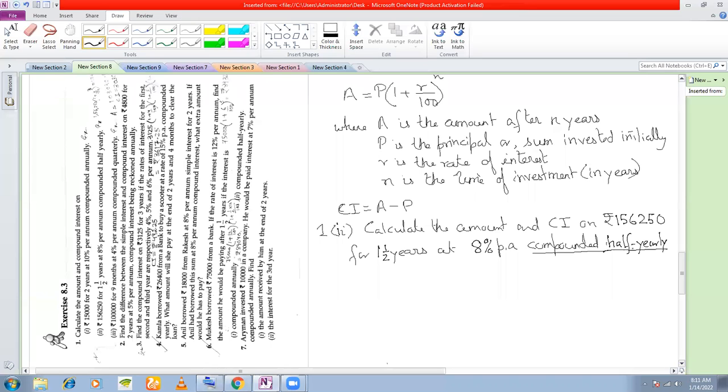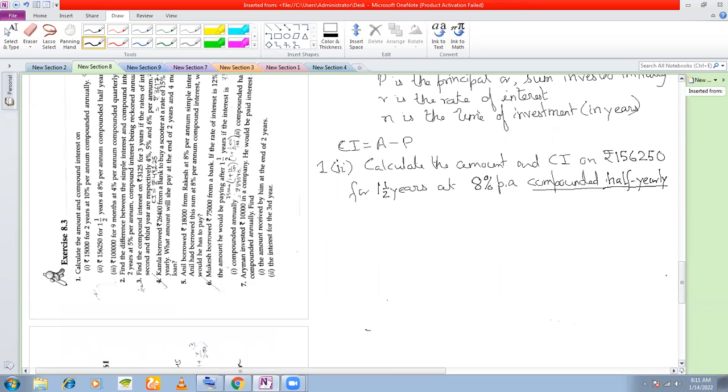Now what does half yearly mean? Half yearly means that the interest is not paid to you at the end of 1 year, but at the end of 6 months. For example, suppose I made an investment on 1st January 2021.